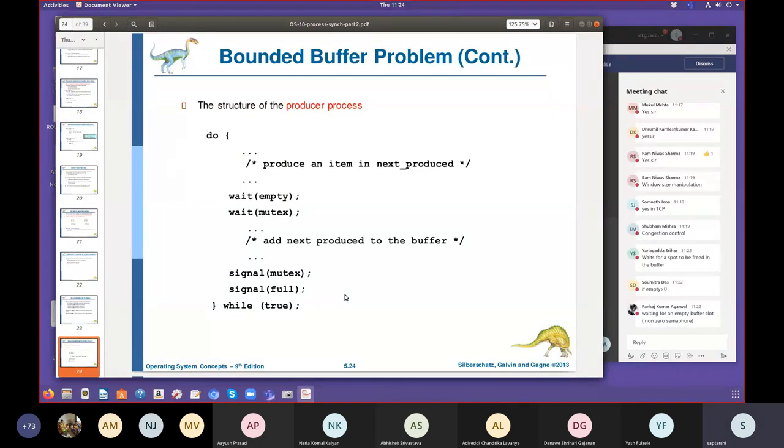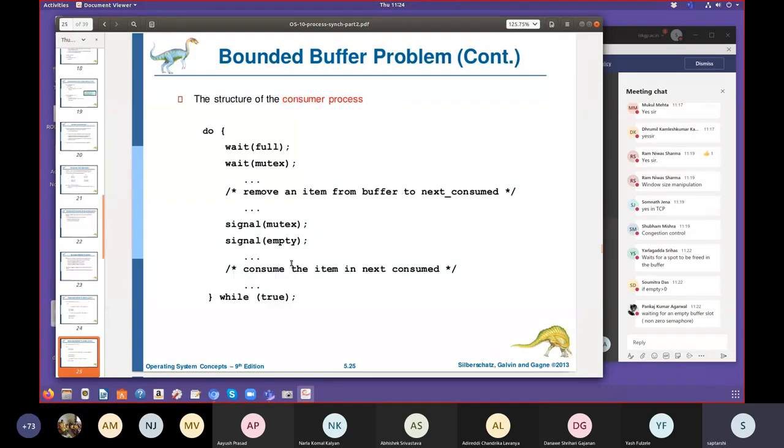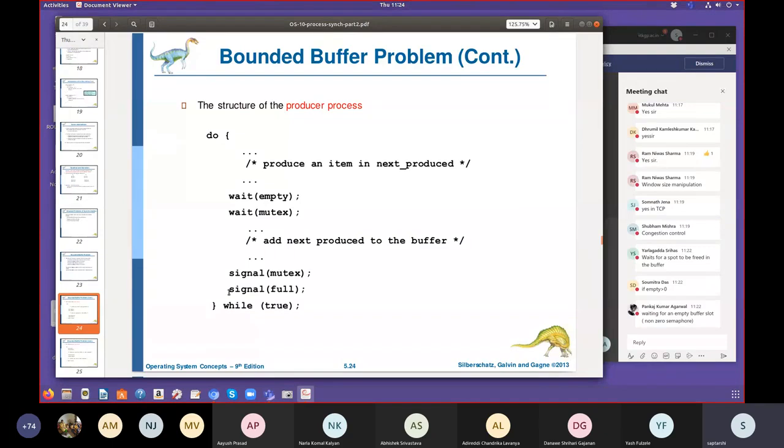Let's go to the consumer process, then I can ask for questions. This is the corresponding consumer process, which is kind of a mirror image. It first waits on full. Here the consumer is trying to ensure that at least one item is there in the buffer, because in the previous slide, after filling in one item in the buffer, the producer signaled full.